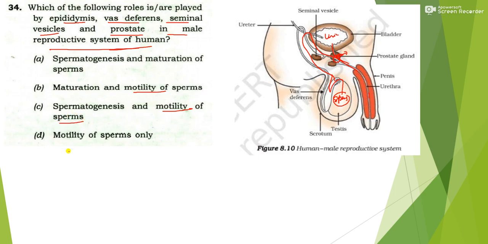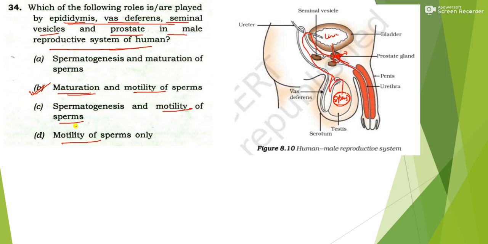And second, here the sperms are produced, and from the developing stage until they come here, they are in the maturity stage. So in epididymis, vas deferens and seminal vesicle, the maturation takes place and the motility is done by prostate. So answer is option B.